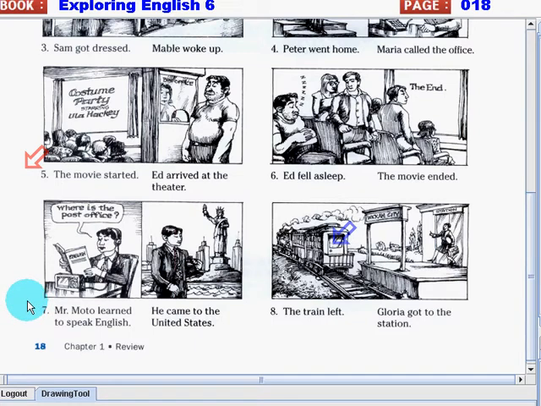He came to the United States. Mr. Moto had learned to speak English by the time he came to the United States. The train left. Gloria got to the station. The train had left by the time Gloria got to the station.